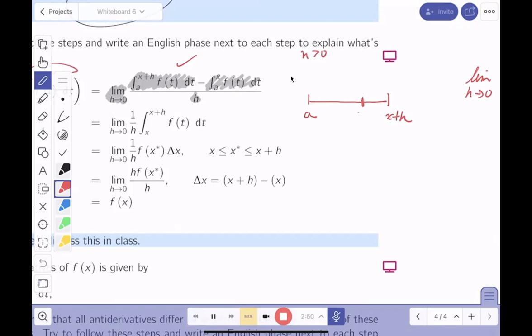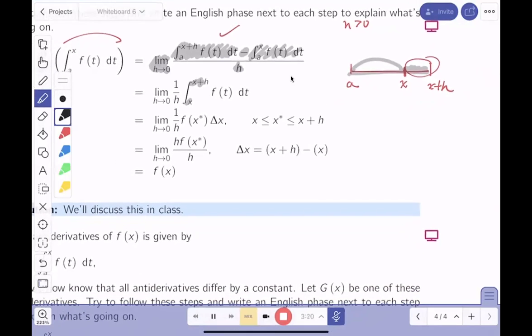So this is x over here. So they're talking about this area. So what's that going to be? From x to x plus h. And that's written right over here. Now let me point out they're subtracting it. So it's this long one, take away this one over here. What are you going to get? X to x plus h. Now visualize that h is greater than 0. It doesn't have to be. h just can't be 0.